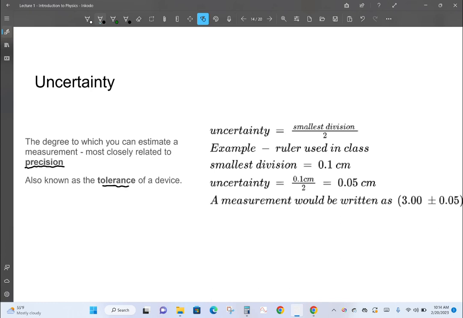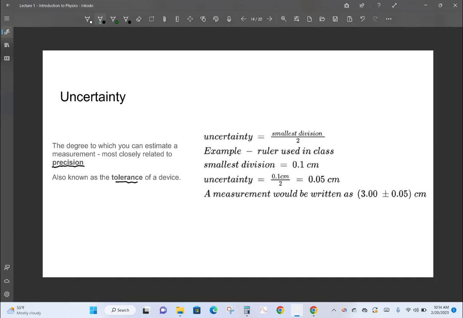It's also called the tolerance of the device: take the smallest division and divide it by 2. So our smallest division is 0.1 centimeters. We divide it by 2, it's 0.05. So any of our measurements will have 2 decimal places. And the error, the uncertainty of that measurement, is plus or minus 0.05, or the tolerance or uncertainty of the measurement, centimeters.